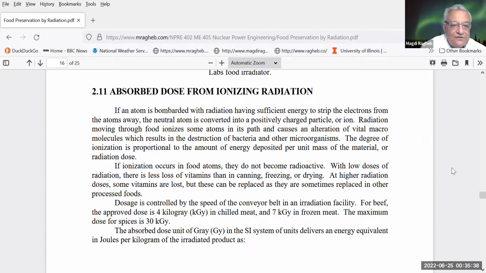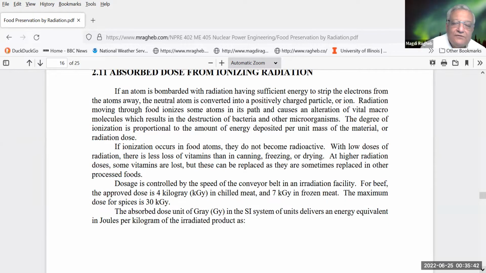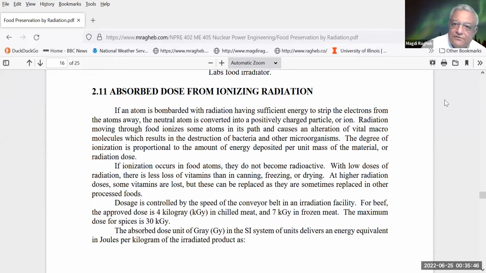So in that case, if an atom or a nucleus is irradiated with gamma rays, as we have seen in one of the previous chapters on gamma ray interaction with matter, the electronic structure can be modified, and you can kill the bacteria because you are affecting the genes in their chromosomes in their nuclei.